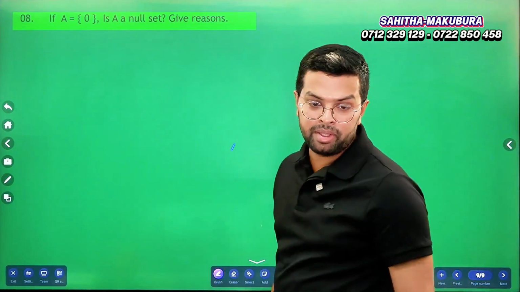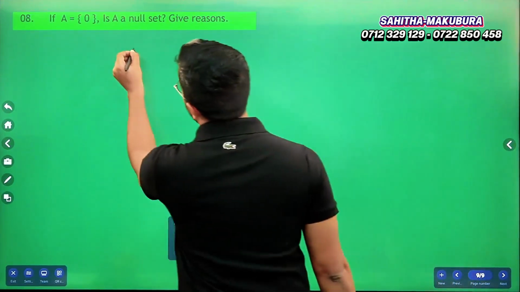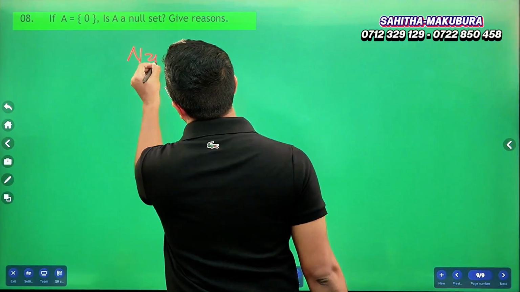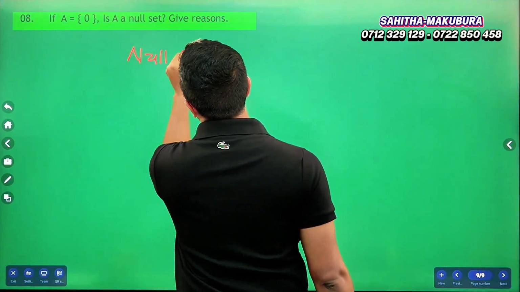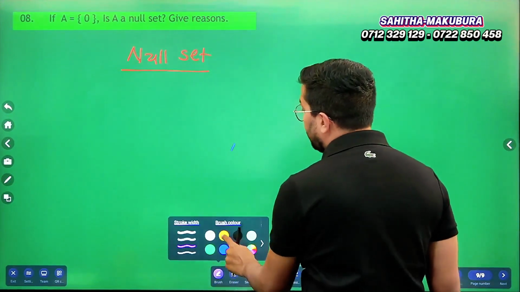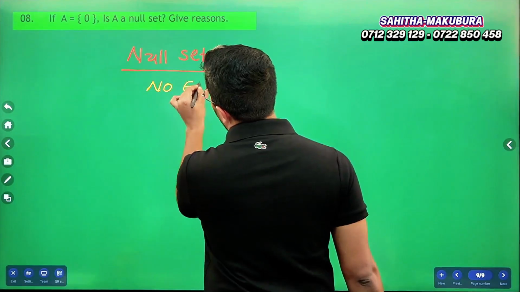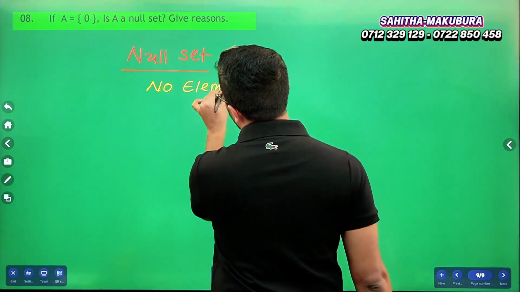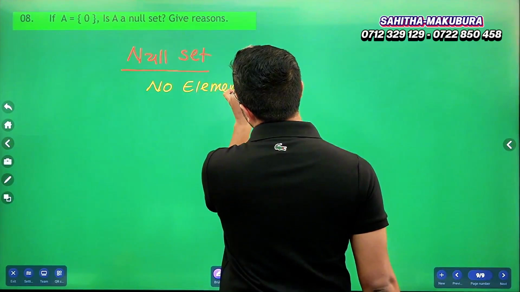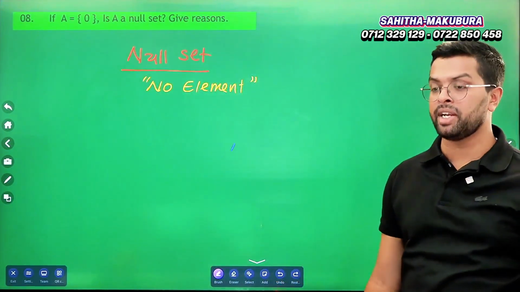What does it mean by the term null set? Can you remember? A null set is a set where you do not have any elements. If it is a null set, we don't have elements in that set.